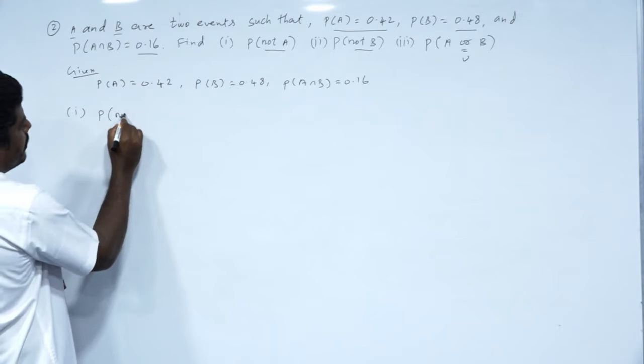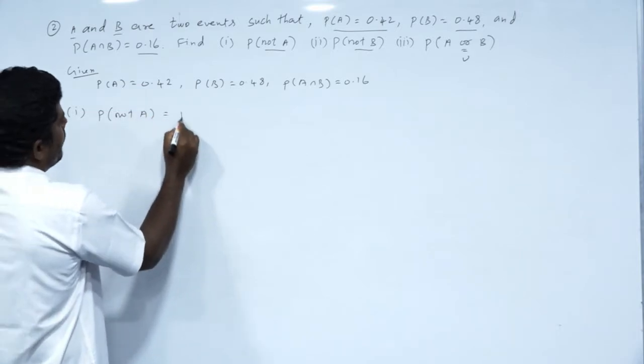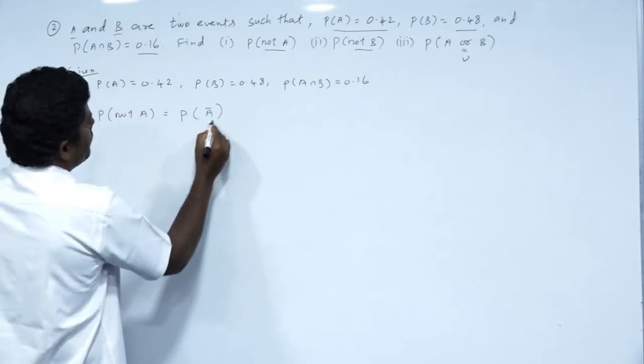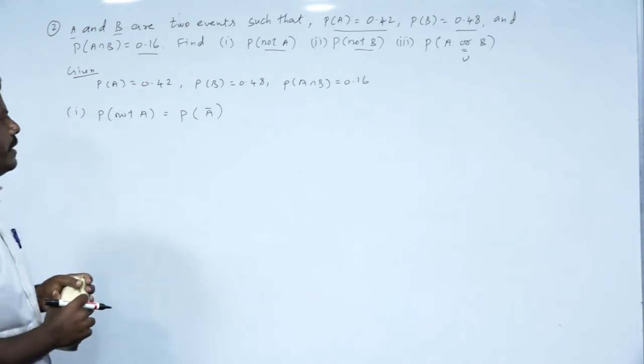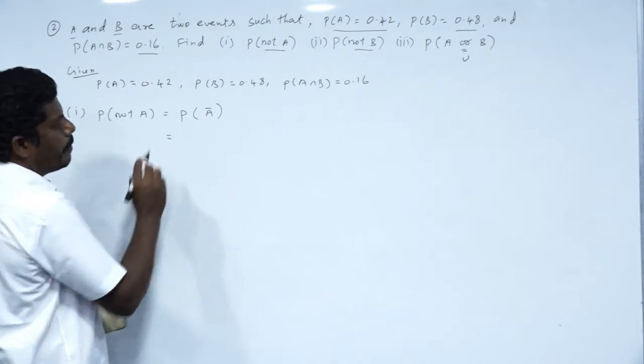Probability of not A means probability of A complement, that is, probability of A bar.